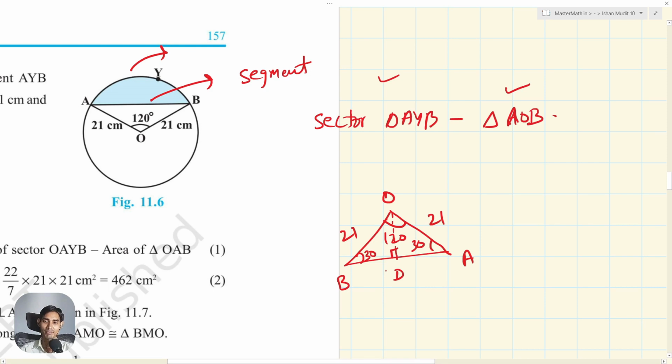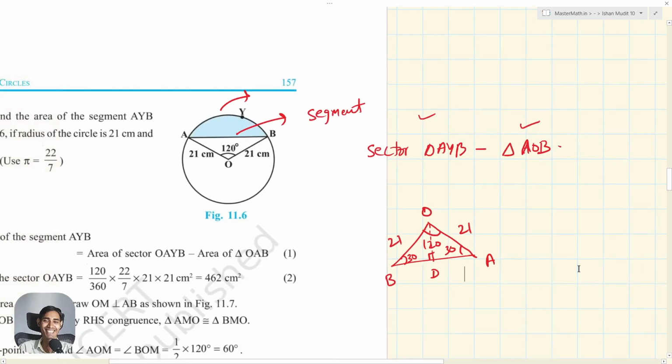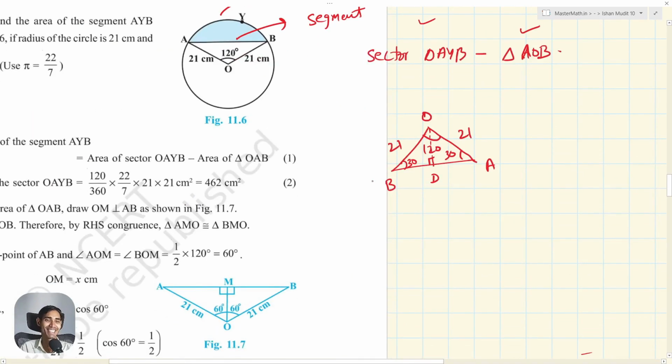Oh, we do not know the height. We don't. So do we have to use trigonometry? Yeah, we do. So we'll use trigonometry in triangle OBD.